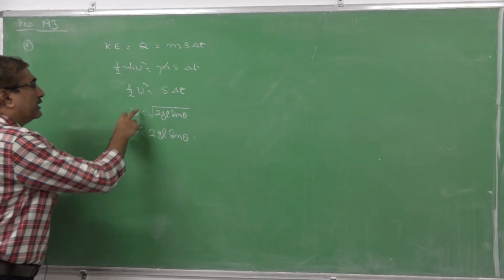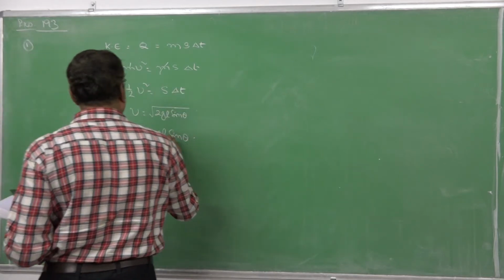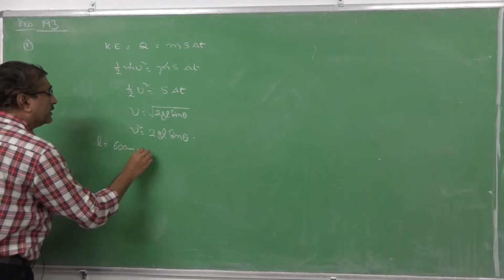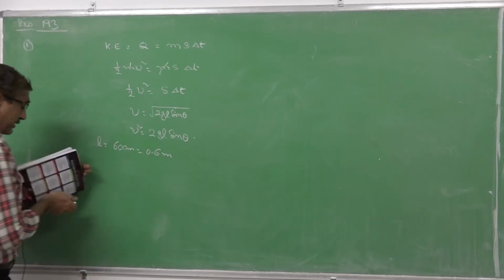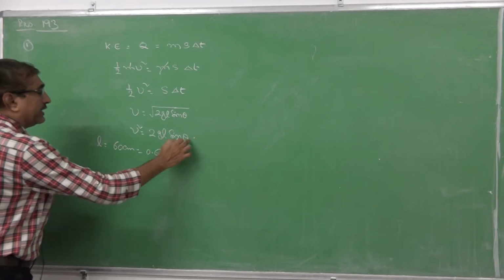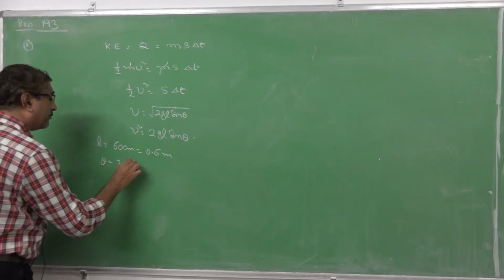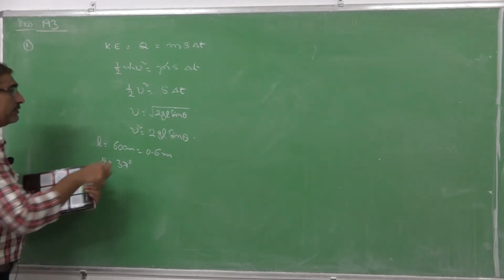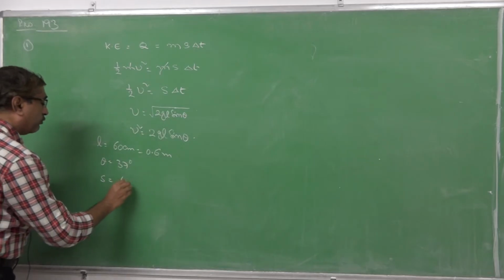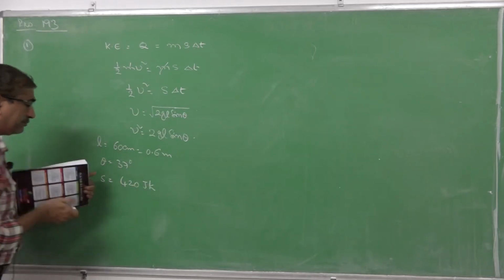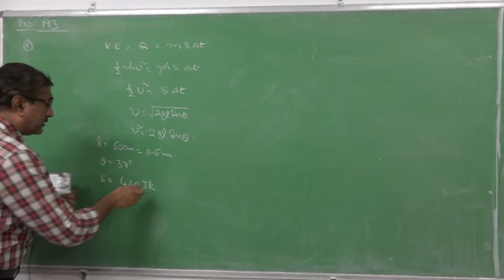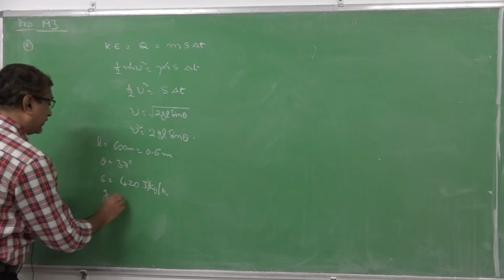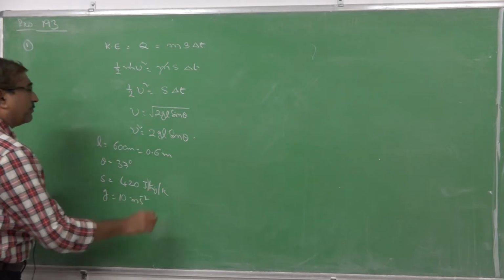Now substituting this in the equation. Given L is 60 centimeters, that is 0.6 meter, theta is 37 degrees, the specific heat of copper S is 420 joule per kg per Kelvin, and g is 10.